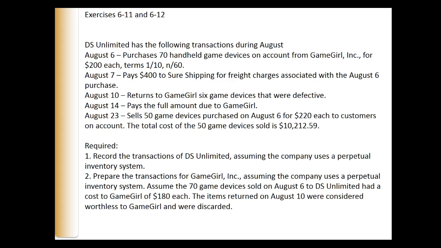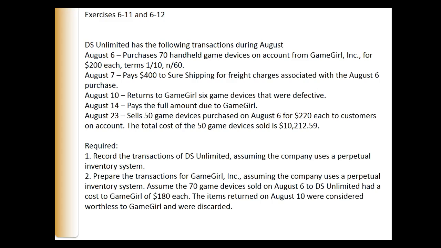August 23rd, sells 50 game devices purchased on August 6th for $220 each to customers on account. The total cost of the 50 game devices sold is $10,212.59. So we're going to record the transactions of DS Unlimited, assuming the company uses a perpetual inventory system.